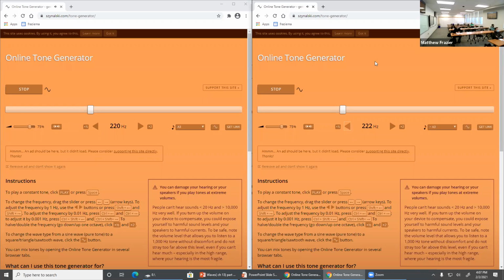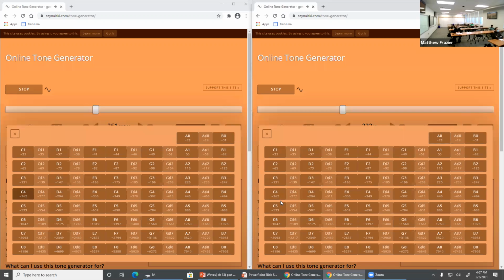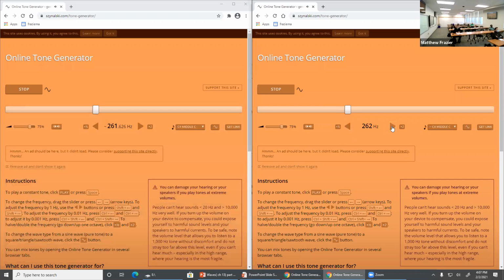And there's nothing fancy about this. I could pick different tones if I wanted to. All right, so just different choices here. And that's the beat frequency you hear.